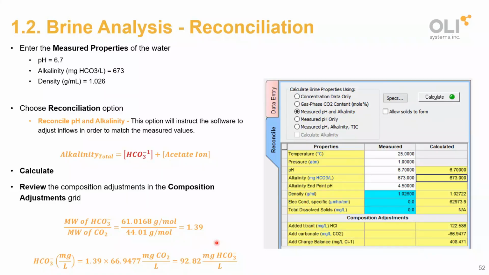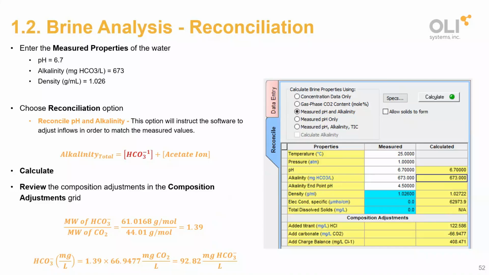So we cannot do it with bicarbonate, so the software uses CO2. It's just a mathematical trick in here. But that's what the software is doing in the background. Okay, so it's just to match that inorganic carbon. That was a good question, so I could explain in more detail.